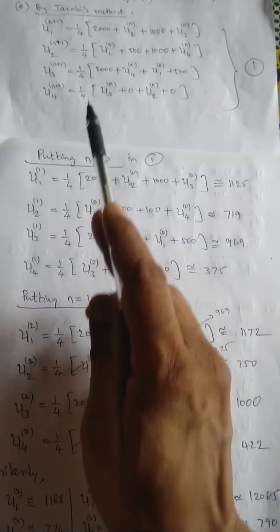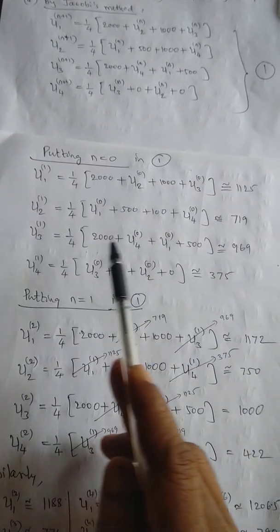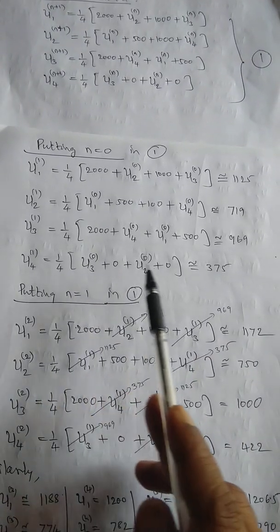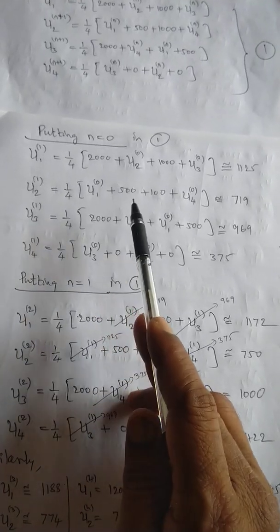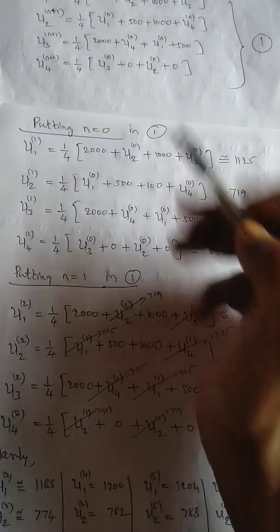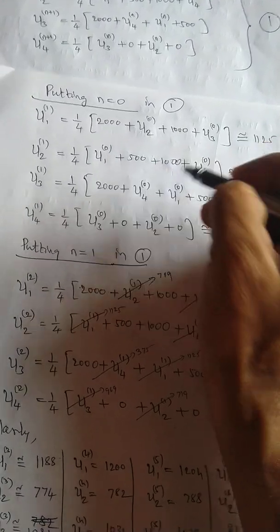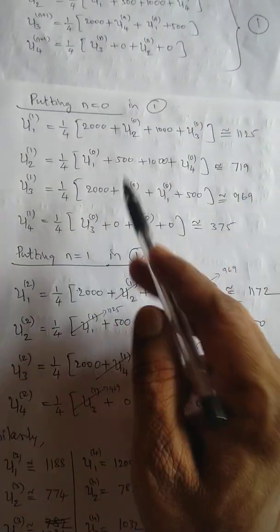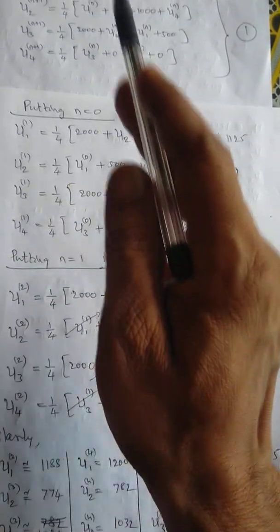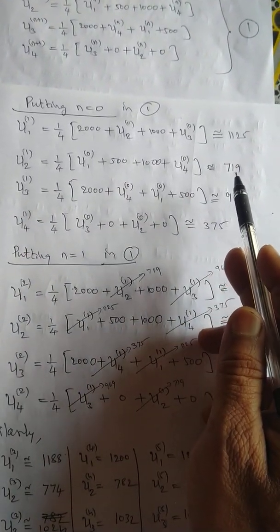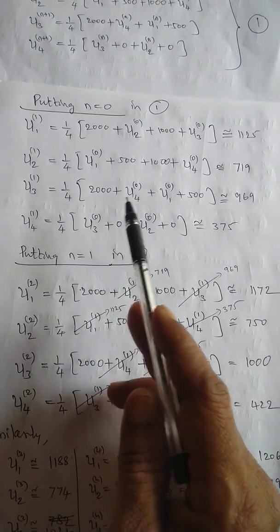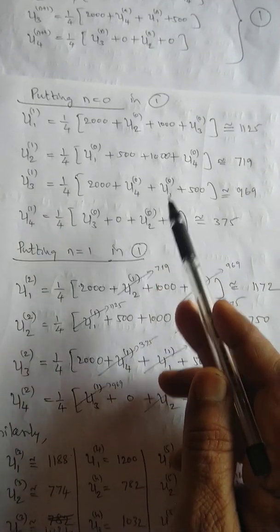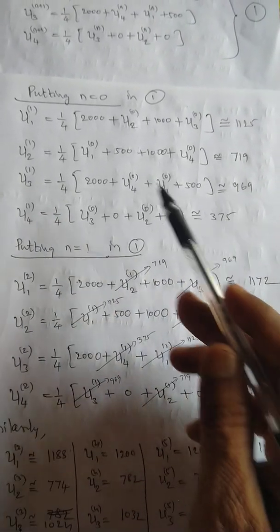Next, putting n equal to 0 in the second equation, we have this. Putting n equal to 0 in the third equation, we have this. Putting n equal to 0 in the fourth equation, we have this. In the second equation, we have U1 naught plus 500 plus 1000 plus U4 naught, and substituting the initial values, simplifying we have 799. Next U3 1, third equation, 1 by 4 of 2000 plus U4 naught plus U1 naught, simplifying we have 969.